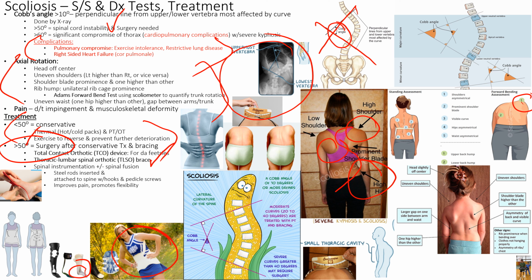When they do the Adams forward bend test, they also use this little scoliometer. It was only used to measure scoliosis, to see if there's unevenness. So that's scoliosis, and of course the surgical fix is they have to get pins and screws all up and down their spine to get their spine in alignment.